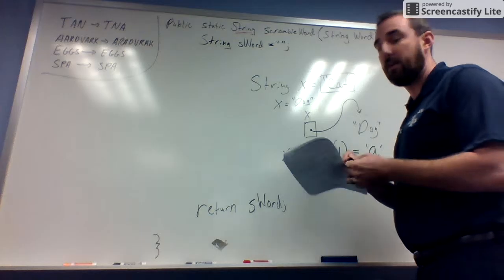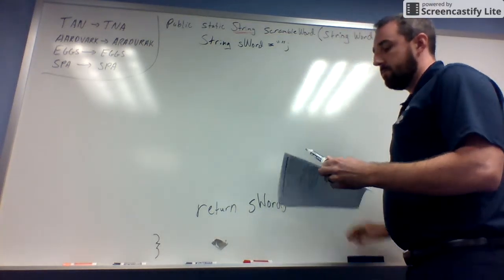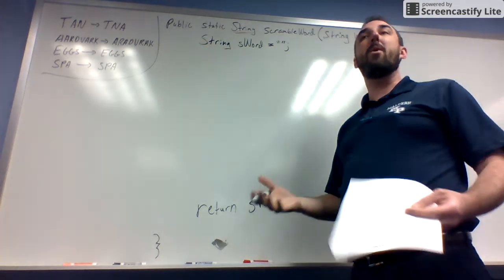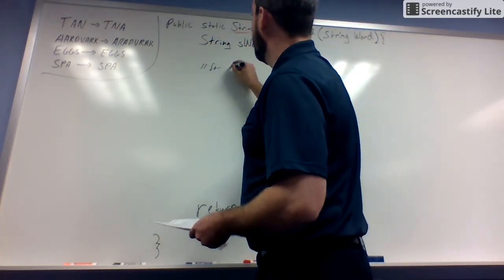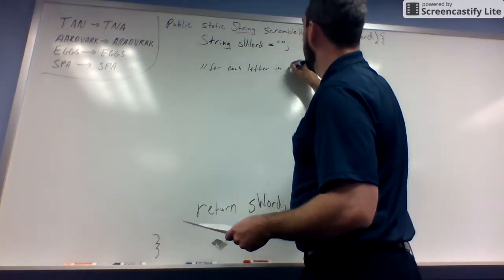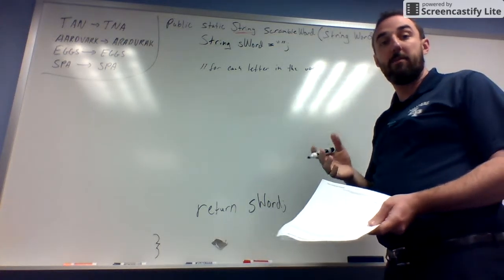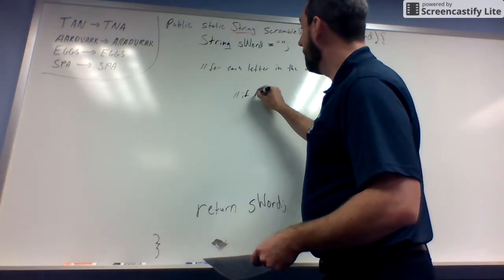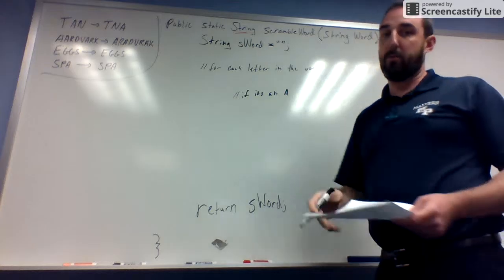All right, let's actually try to write this method. So, I know I've got to go through all the letters of the word and check for A's, which means I know I need some kind of loop. I've got to say, for each letter in the word, I've got to look at each one individually, because I've got to find out if it's an A. If it's an A, oh, but there's an important part.